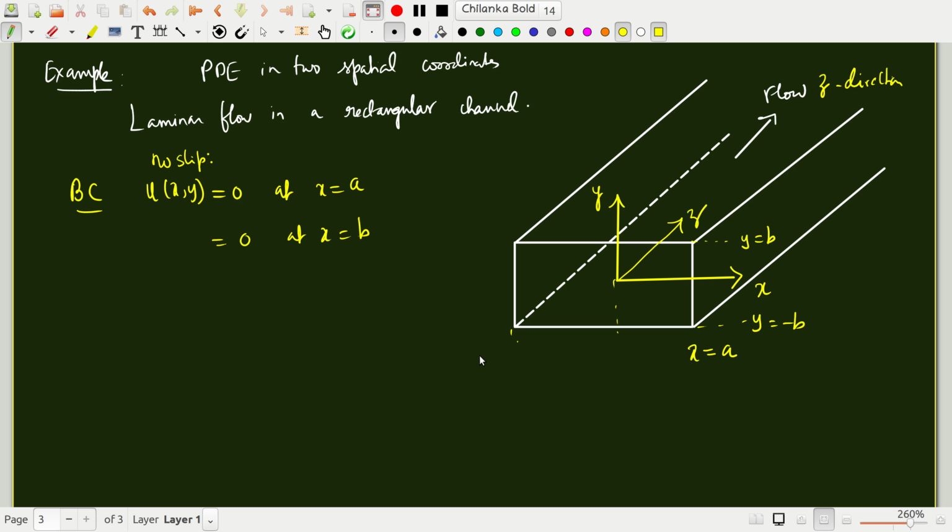I'm calling this x is equal to 0, and I'm calling this y equal to 0. So the coordinate is fixed like this.